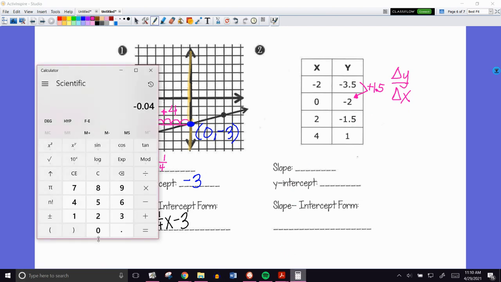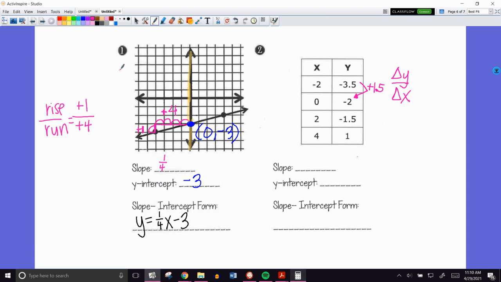Okay, and I'm just going to check myself in case I'm not quite sure. So -3.5 plus 1.5, and that does give me -2. Okay, so my change in y is going to be plus 1.5. And then to go from -2 to 0, I'm going to add 2.